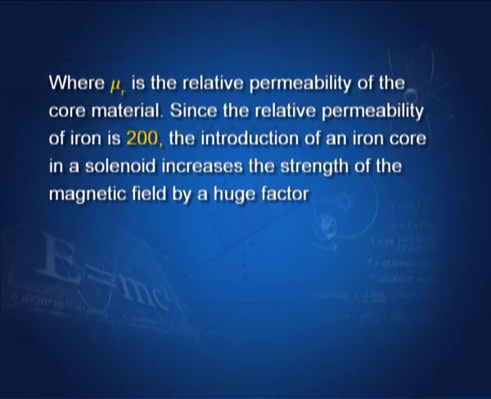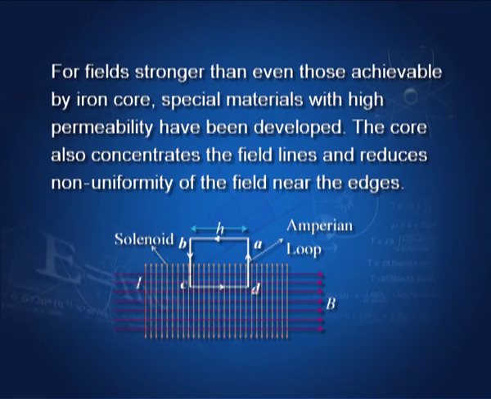So, you get this expression, and mu r, the relative permeability for iron, for example, is more than 200. So, you can see that using such a core in the solenoid, we can make the magnetic field very strong.